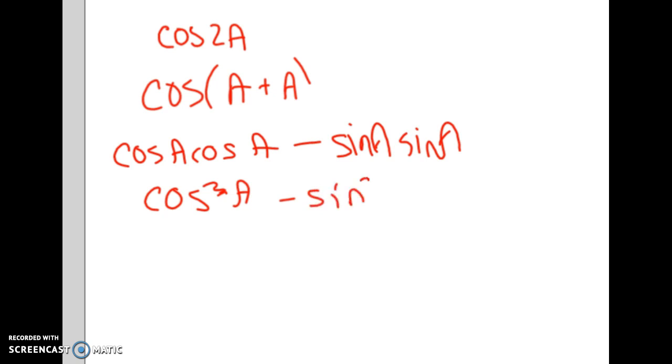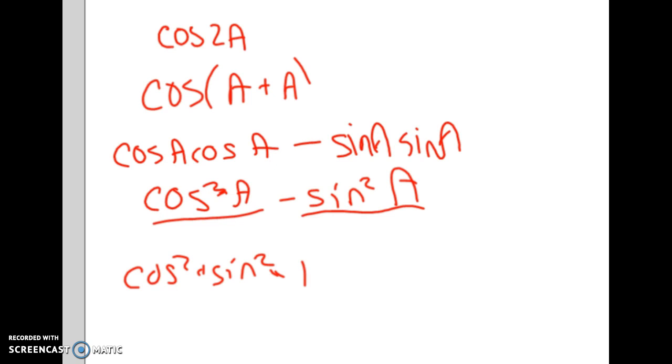Minus sine squared A, and isn't that one of your 3 formulas for honors? But you can rewrite it using the other 2 because cosine squared plus sine squared equals 1. So you can rewrite this using sine, and you can rewrite this using cosine and develop the other 2 formulas each and every time. Yes?